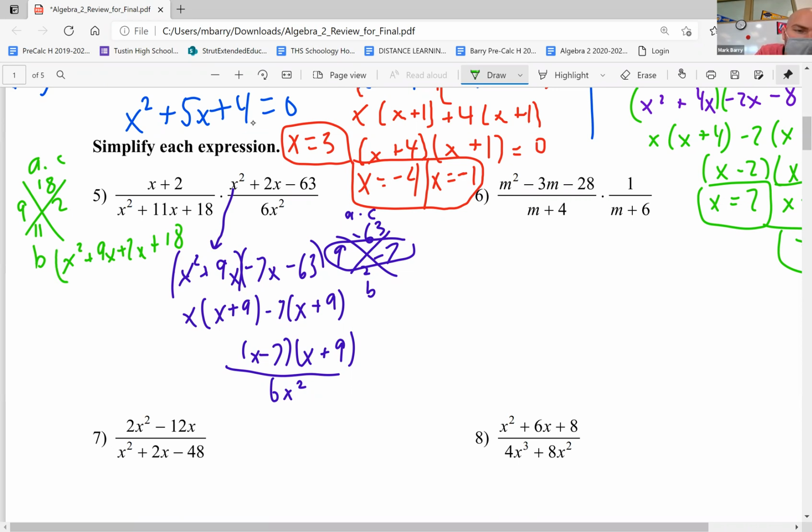Do our factor by grouping here. The first group, I could take out an x, leaving me with x plus 9. The second group, I'll take out a positive 2, leaving me with x plus 9. So that means I could write this as x plus 2 times x plus 9.